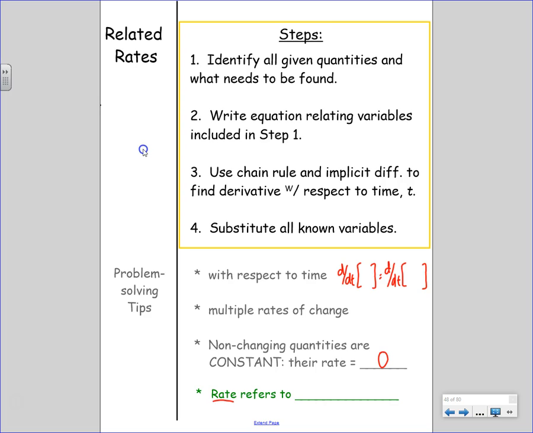Remember again, rate is referring to slope on a graph, the derivative. If you have the rate of something, it means you're looking at the derivative of that quantity, of that measurement.